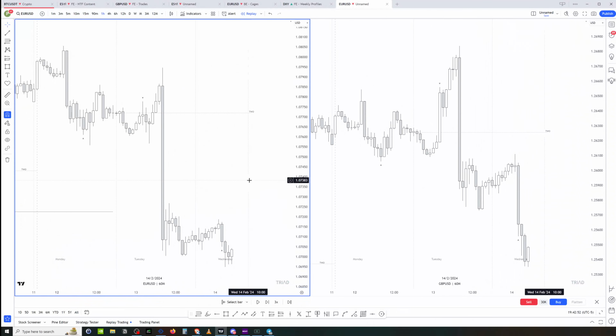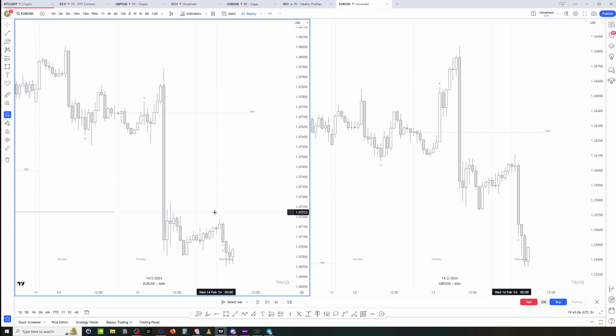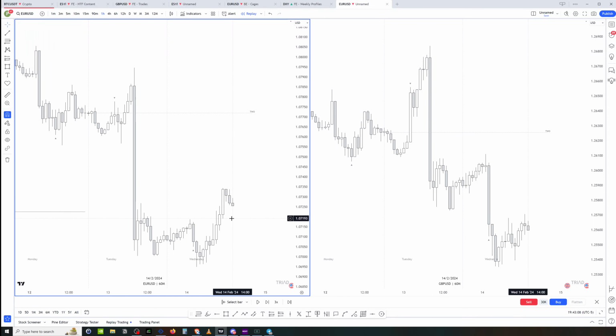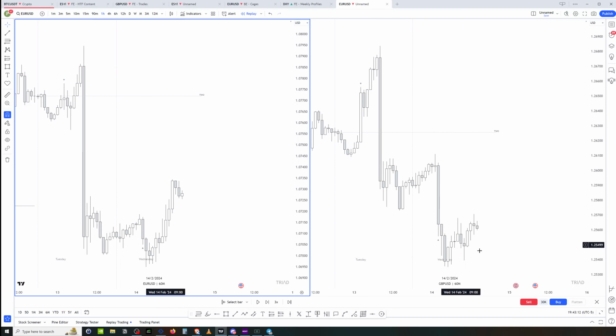Okay, so you can see now that we have hidden sequential SMT, and it produces this.